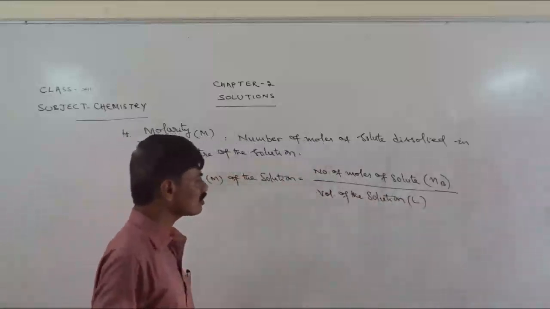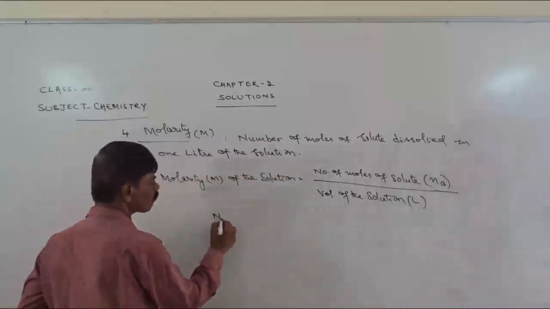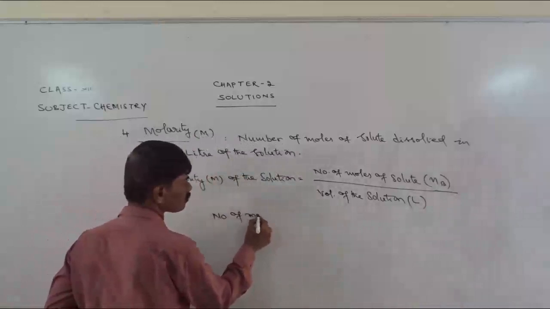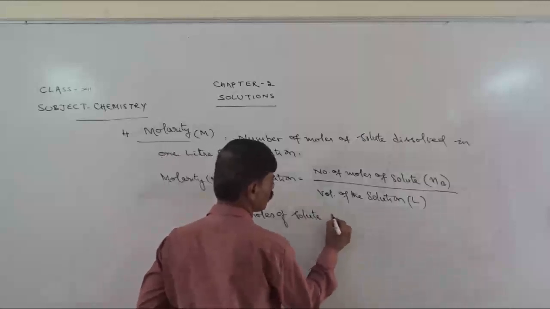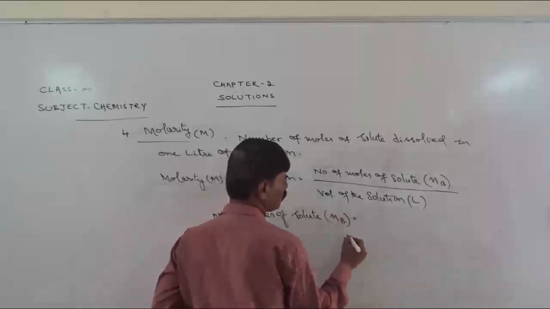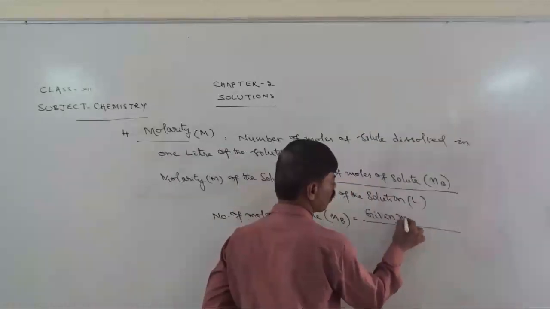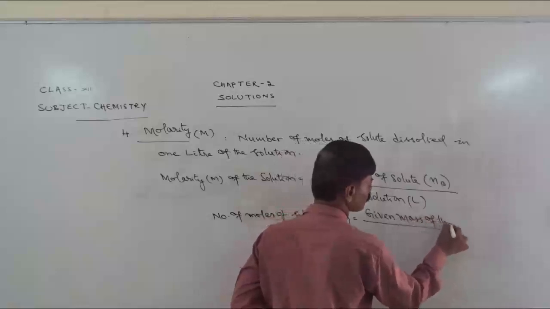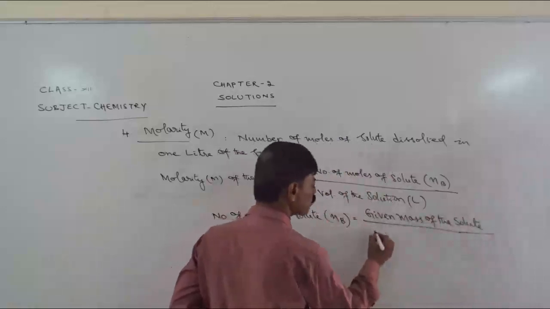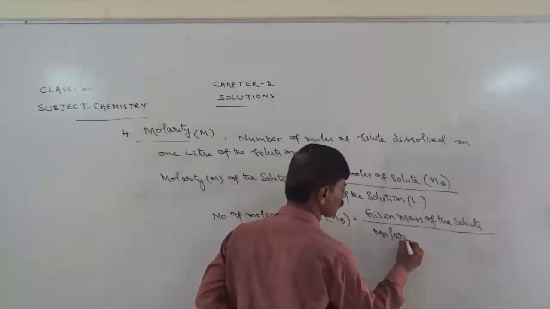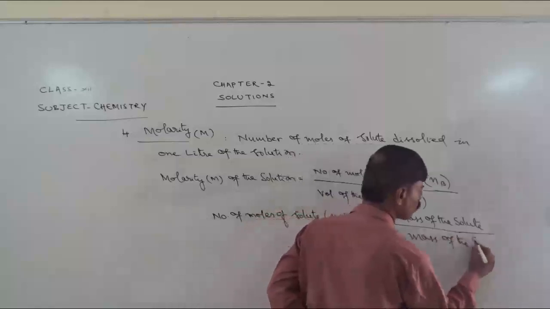And as you know, since class 9 was taught, the quantity of the solute or number of moles of solute, that is n_B, is equal to the given mass of the solute divided by the molar mass of the solute.